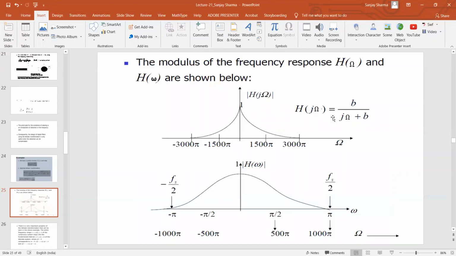All right, we plot the magnitude response in the analog domain, along the x-axis is capital omega, along the y-axis is magnitude response, and we obtain the graph like this.